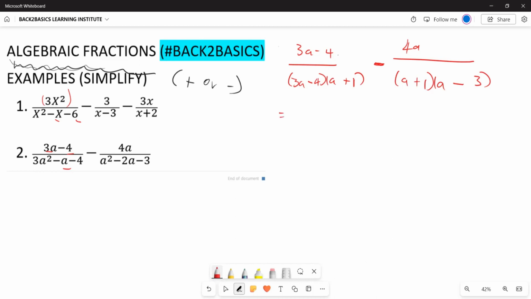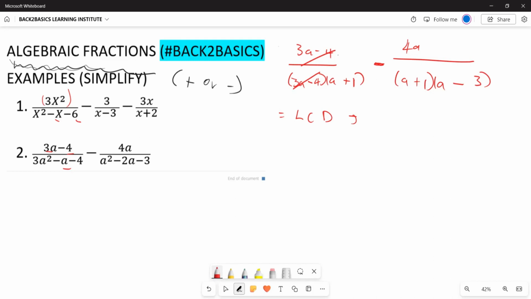Your next step is, once you have simplified this, now you're going to look for your LCD. Isn't it so? And what is going to be your LCD in this case? You check what is common in these denominators. But before we even look for our LCD, surely you can see that this one and this one are common and they are only separated by a division sign, right?